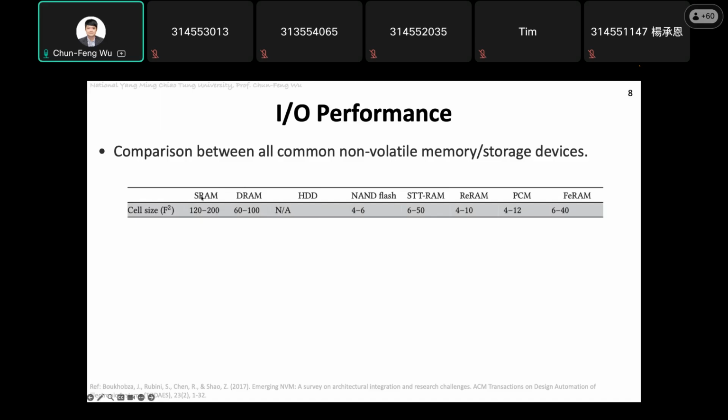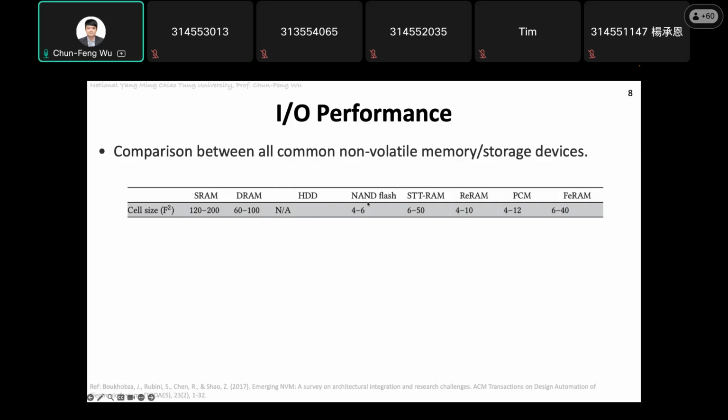Okay, so NAND flash is a storage device, right? And NAND flash price is quite cheaper compared with memory. If you go to buy a 2 terabyte NAND flash now, the price can be very similar to buying 16 gigabytes of DRAM.